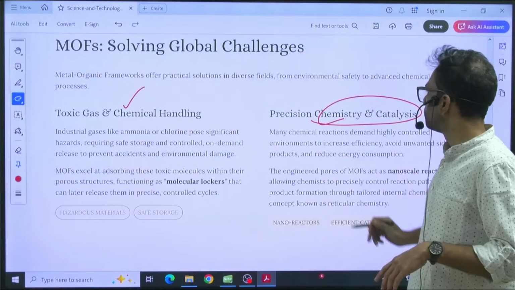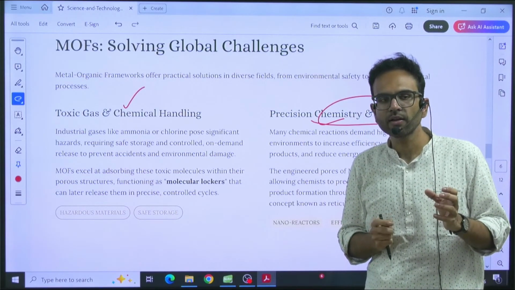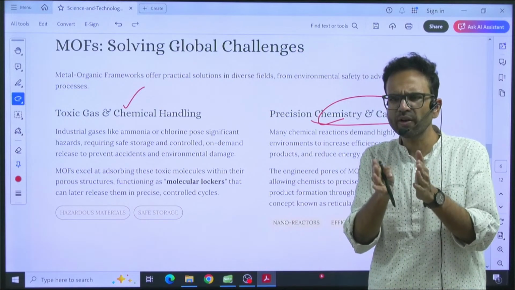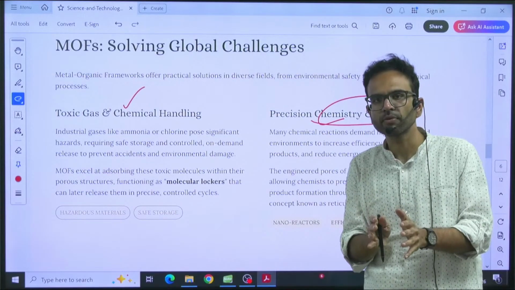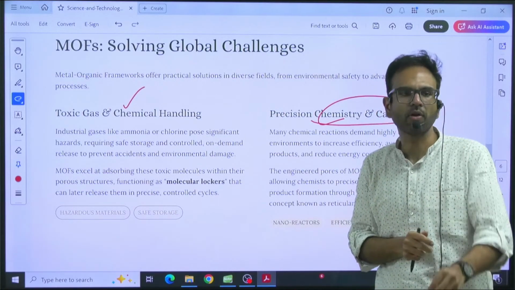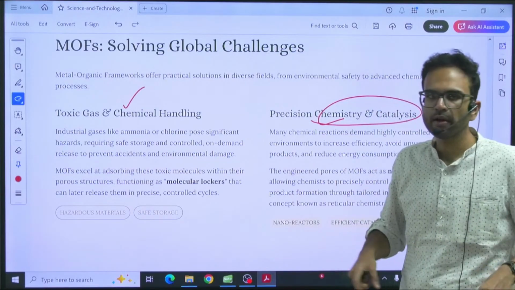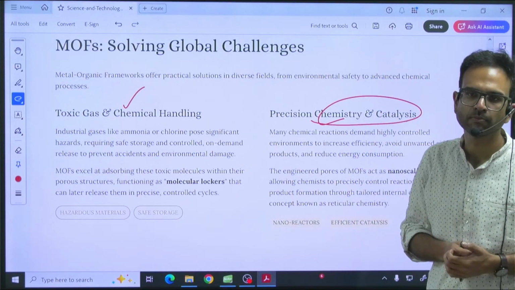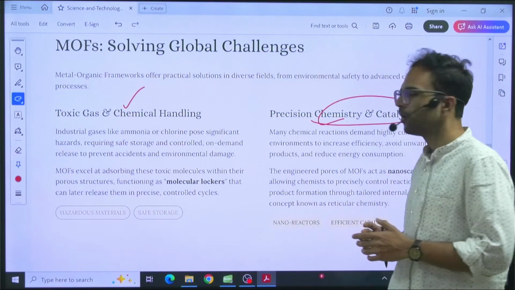Precision chemistry. What do you mean by this? Some chemical reactions require a very specific narrow range of conditions to be created in a setup for that reaction to be performed. This technology will empower the laboratories to create that environment. Clear? These are the things that you need to know.